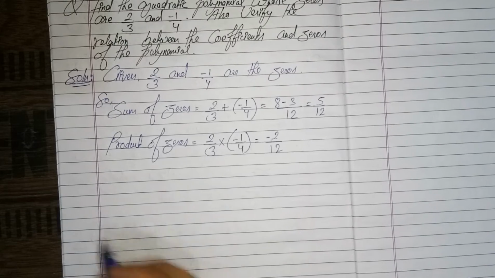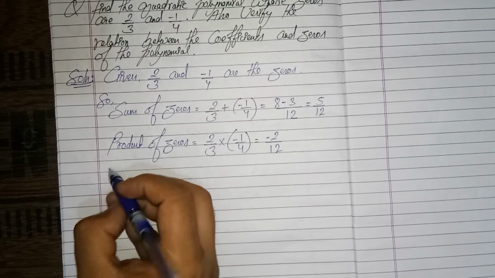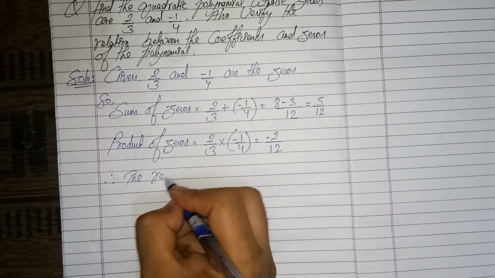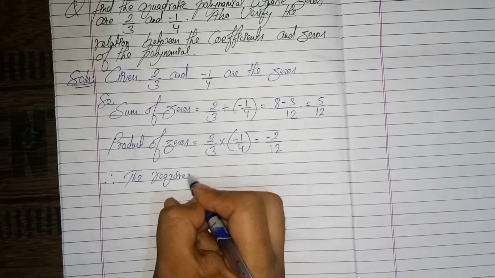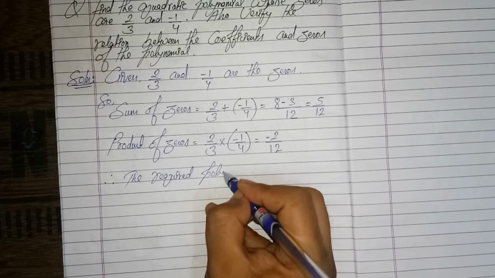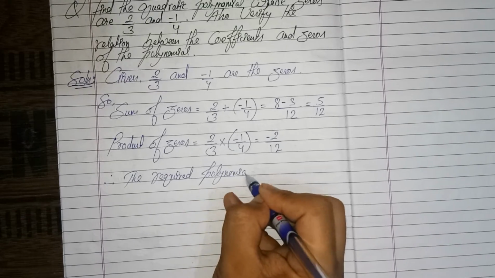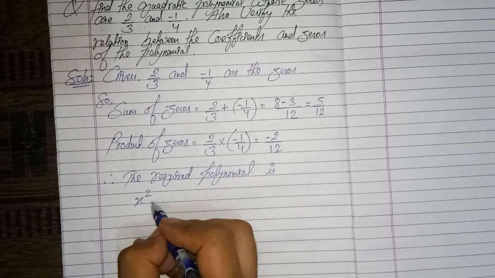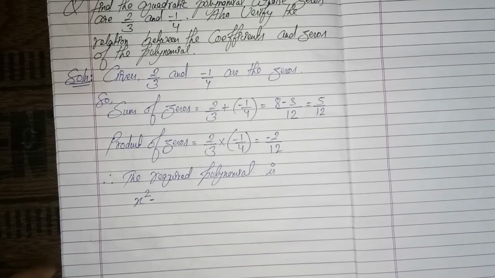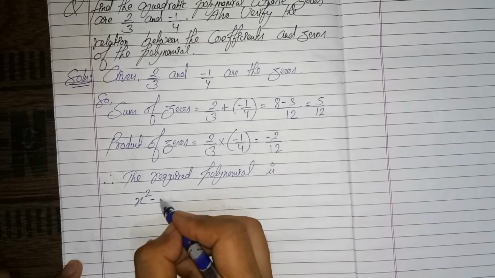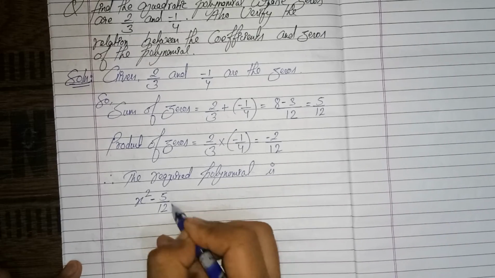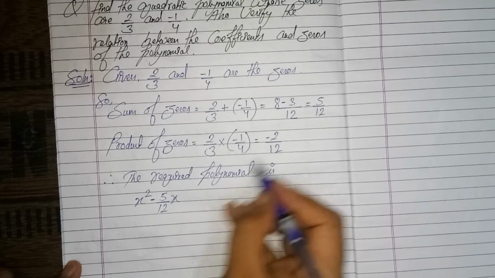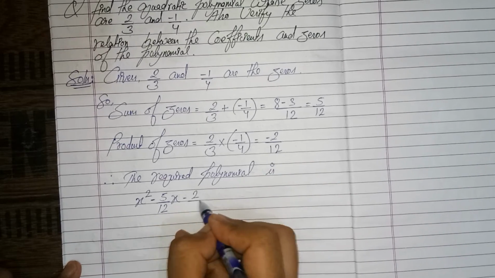Now therefore the required polynomial is simply x square, and here we have minus the sum of zeros, which is 5 by 12, times x, and then plus the product of zeros, which is minus 2 upon 12.